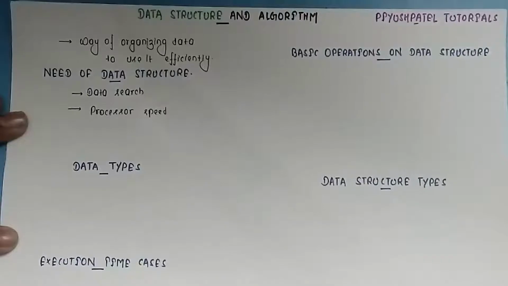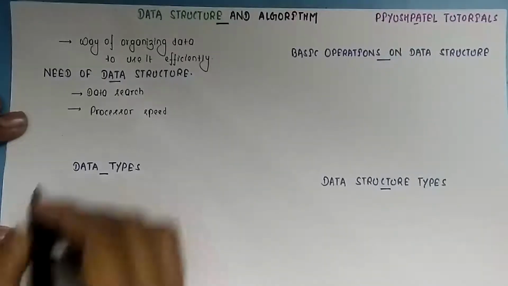Whenever data is organized, even if a processor has slow speed, it gets access to the data in a very short interval of time. However fast our processor is, if the data is not organized, we can't access those data in a short interval of time. So processor speed is also one of the important aspects in the need of data structure.